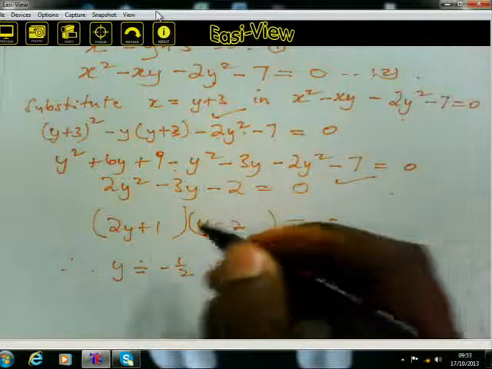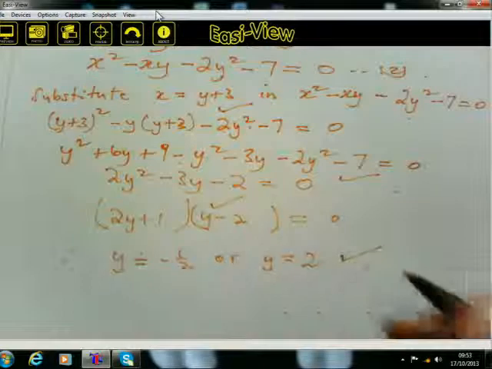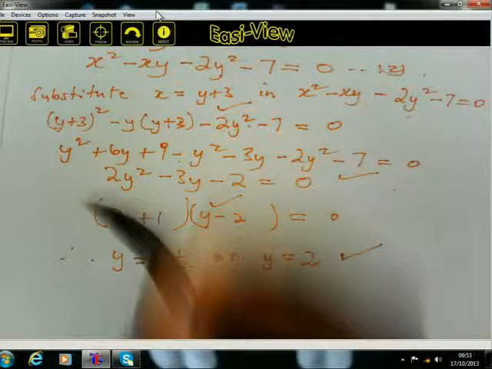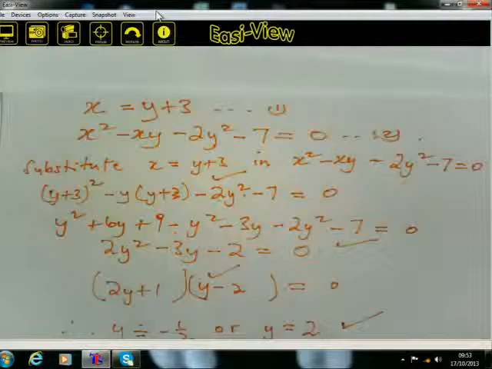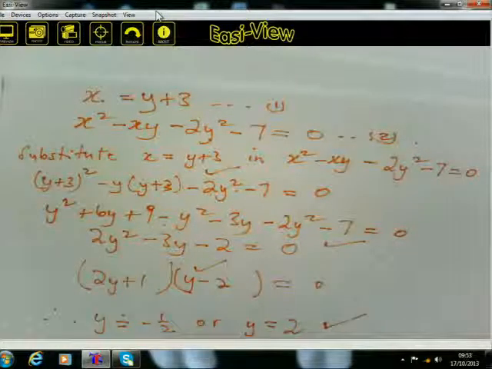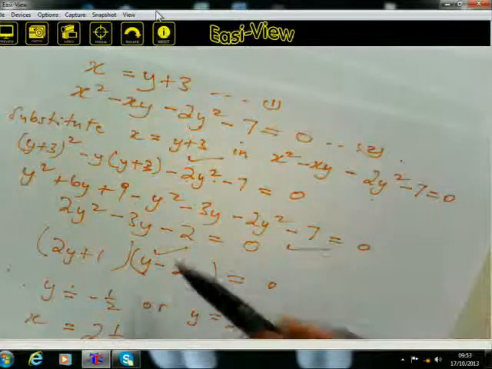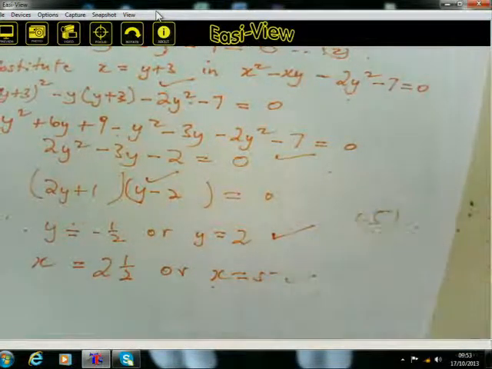Now, for the factors, you get a mark. For both values of y, you get a mark. And then, for getting the values of x after substituting in the original equation, x is going to be equal to 2.5, or x is going to be equal to 5. Then this is going to count 1, 2, 3, 4, and then 5. This one counts 5 marks.